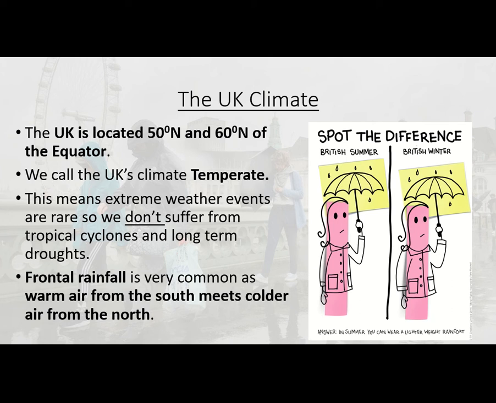That means it's the place on the Earth most likely to get the most direct sunlight most of the year. The UK being 50 to 60 degrees north of that means that at certain times of the year our solar radiation is more spread out, and in fact in general it's more spread out than the equator. So the same solar radiation is spread over a wider area, meaning we're not going to get the extremes of temperature that you might find closer to the equator.